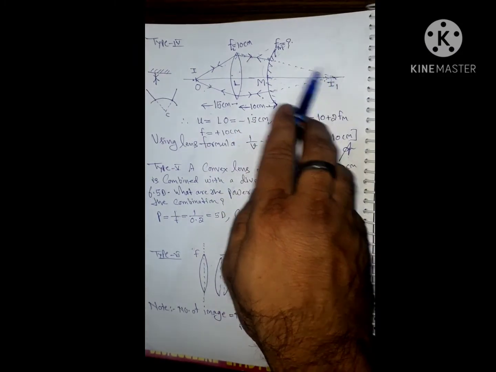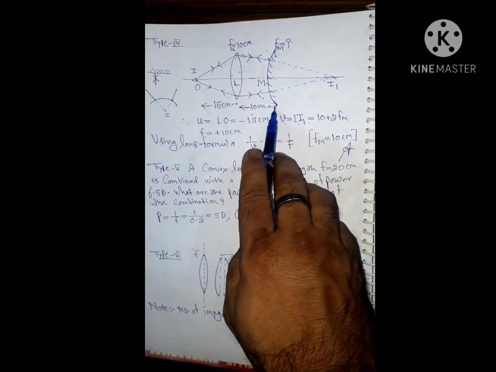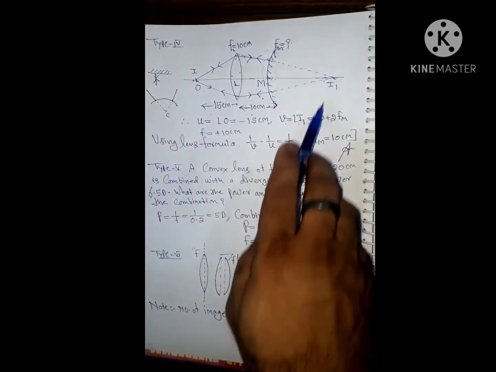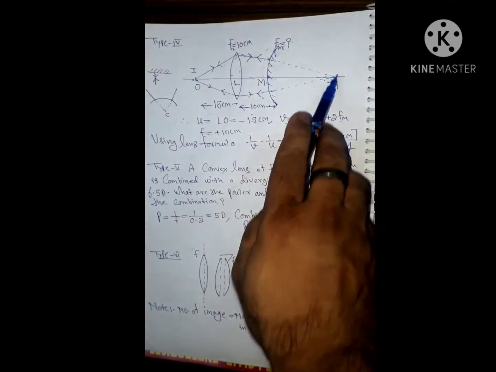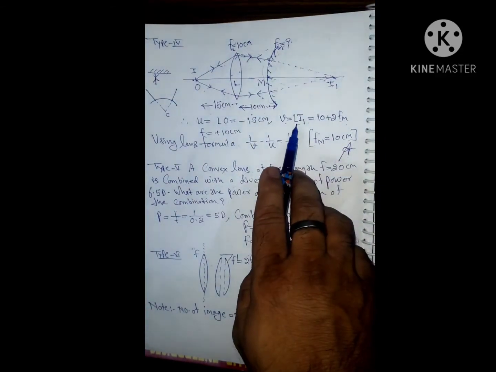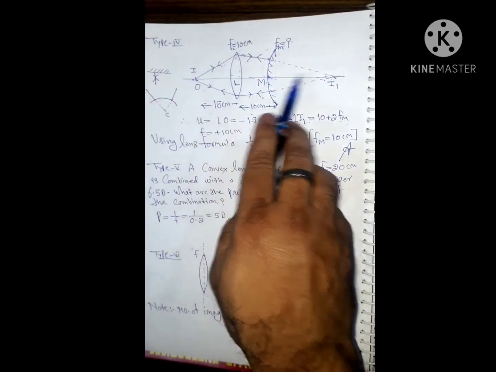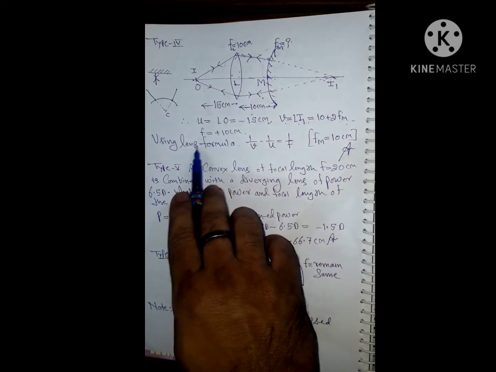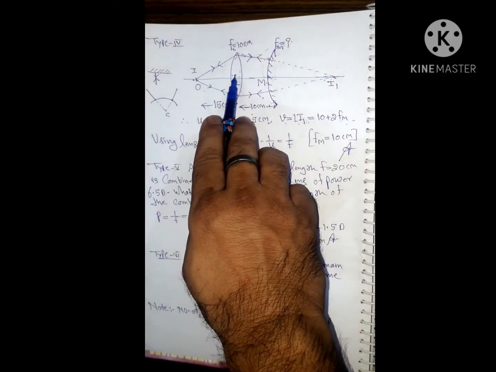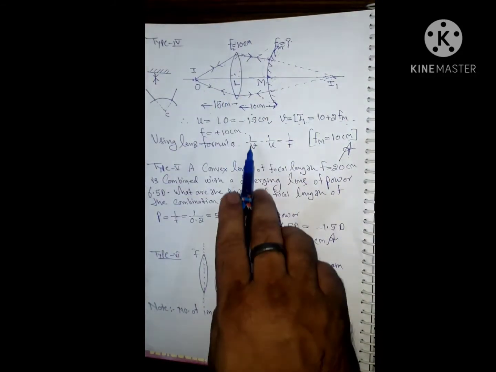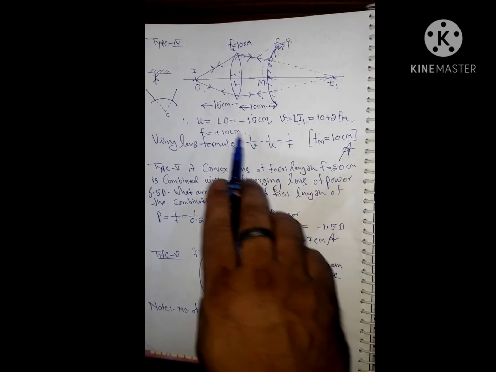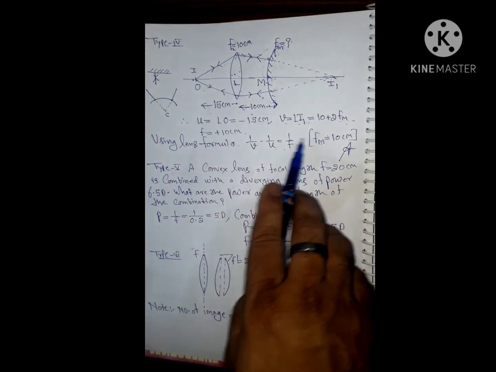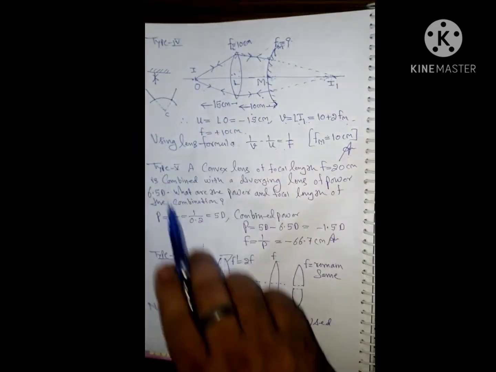This point becomes the center of curvature of this mirror, and we know that the radius of curvature is equal to twice the focal length. So this becomes 2FM, so V is equal to LI1, meaning 10 plus 2FM. The focal length of the lens is given as 10 centimeter. Using the lens formula, because refraction occurs due to the lens, 1 upon V minus 1 upon U equals 1 upon F. Put in the values and you can find the focal length of the mirror. This is a very important question. The solution is very tricky.